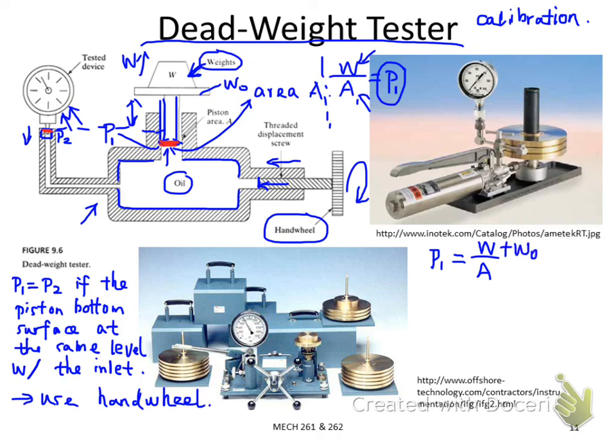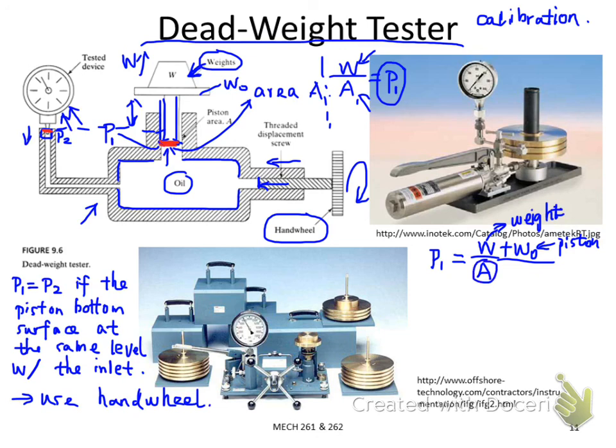This is the piston weight, and this is the real weight we apply. So you need to sum up the two weights and then divide by the cross-section area.